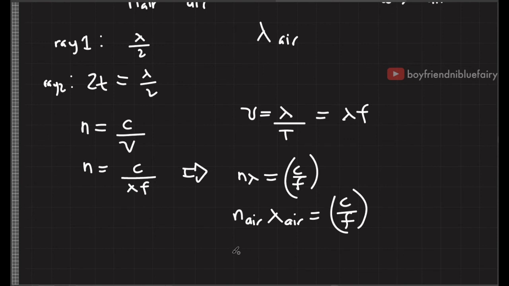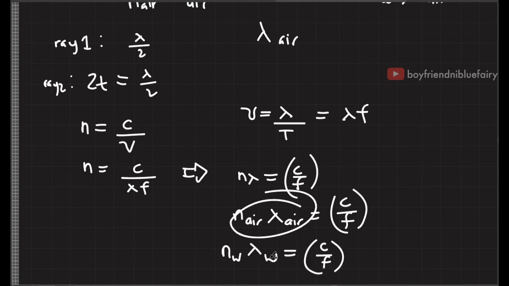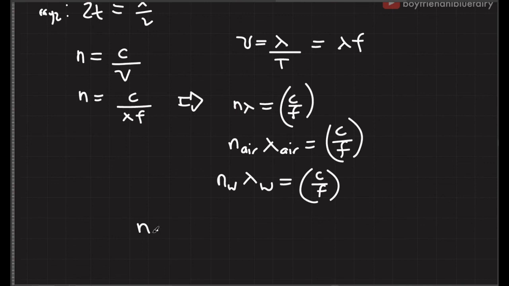When the light ray enters the film, we could represent its refractive index as n sub w and its wavelength as lambda sub w, also equal to a constant. Since these expressions are equated to the same constant, we can equate the two: n sub air times lambda sub air equals n sub w times lambda sub w.